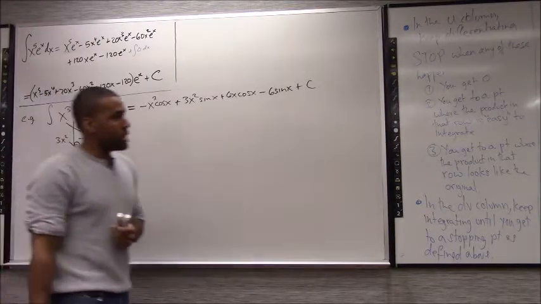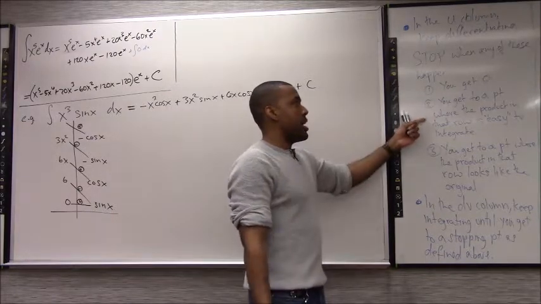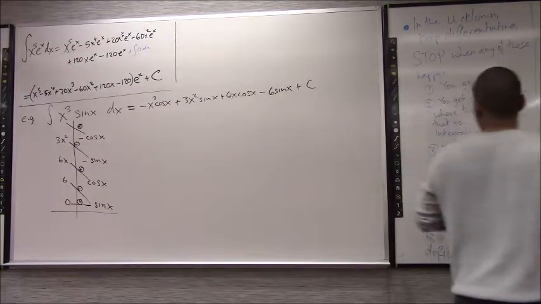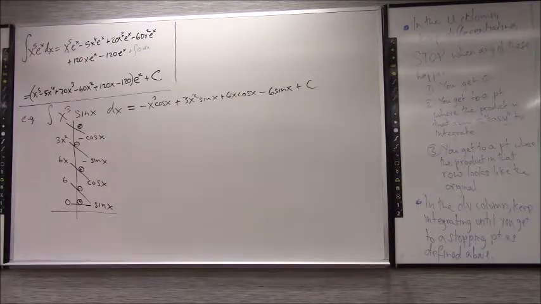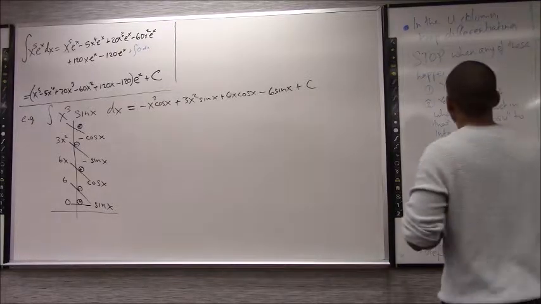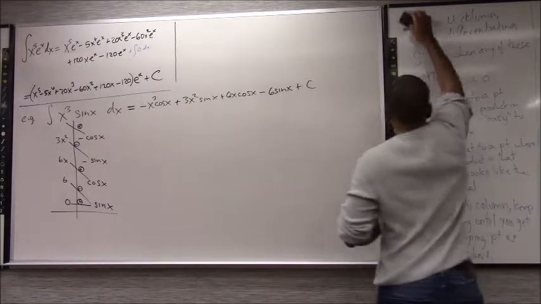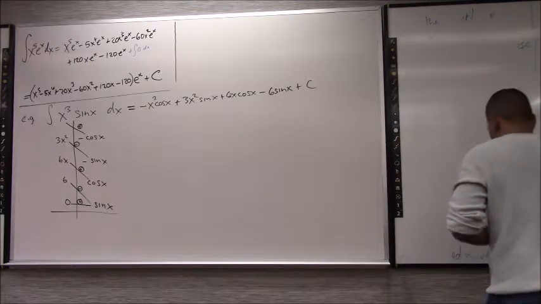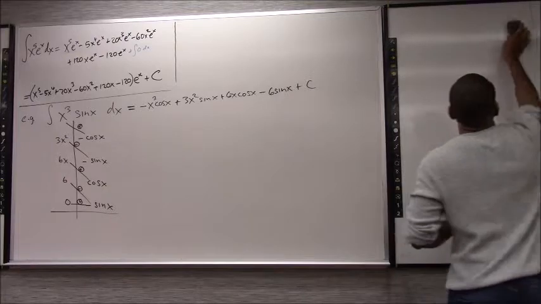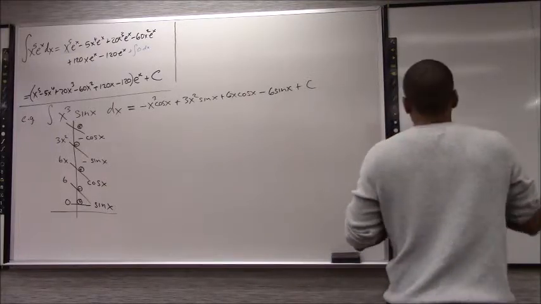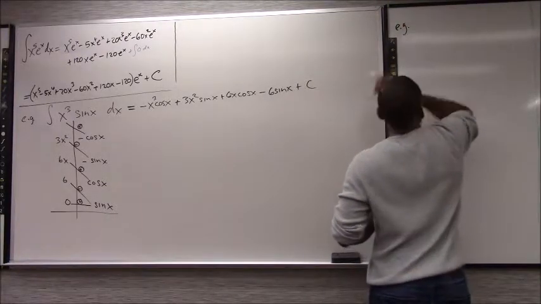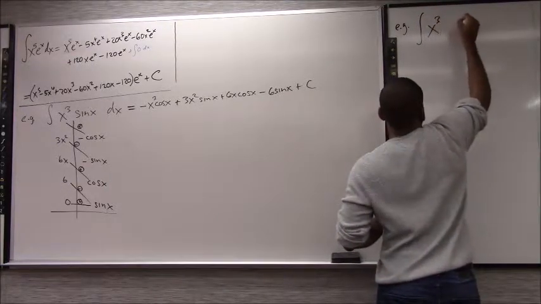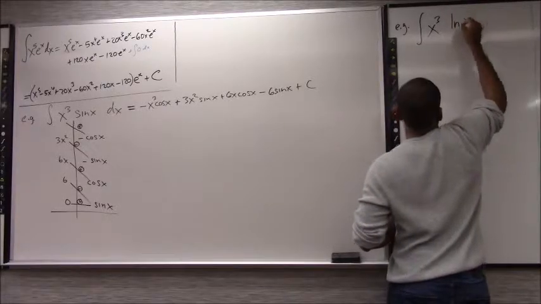So let's do one of those examples where I don't get 0, but I end up in a situation where the product is easy to integrate. Such an example, but I'll just do something off the top of my head, something like x cubed ln x.